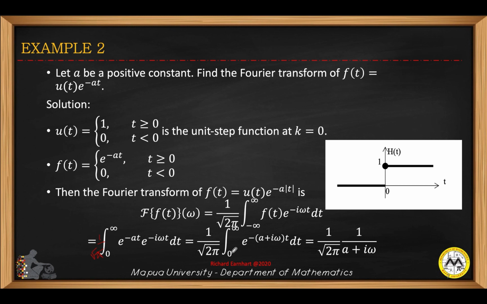What is left here will be 1 over square root of 2 pi times 1 over a plus i omega. So this will be your Fourier transform. This conforms with the one in the Fourier transform table from Kreyszig.